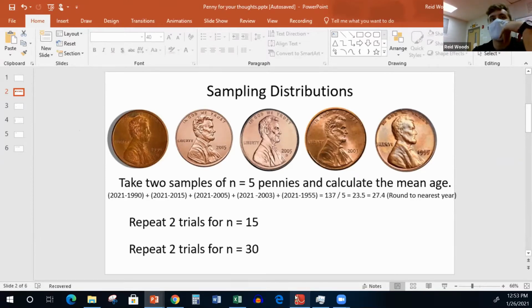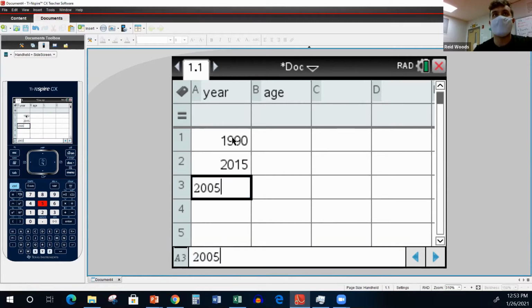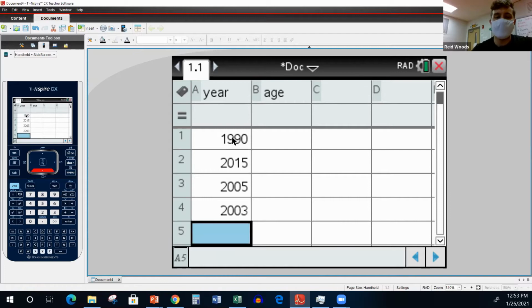Okay. So what was the first one? 1990, 2015. Is that right? I don't remember them all. 2005. And then 1955, okay. All right, so that is the year.